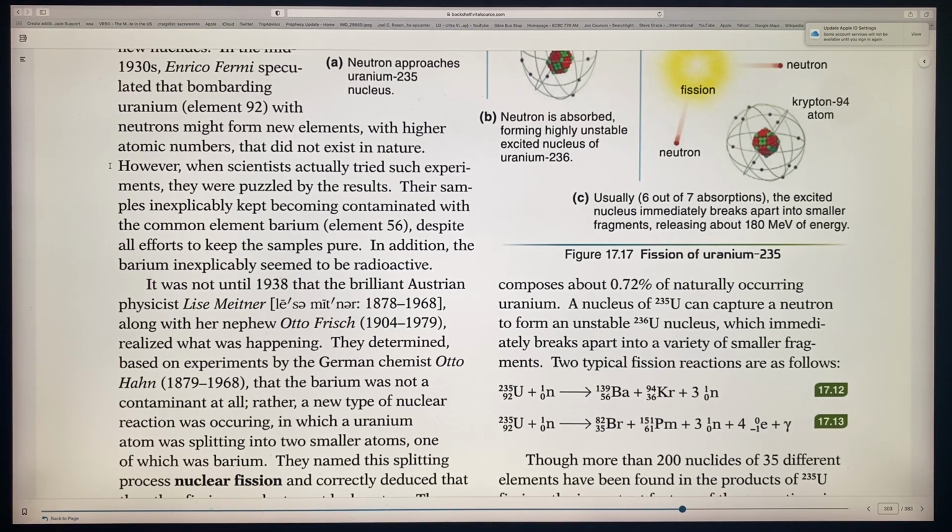element. It was not until 1938 that a brilliant physicist by the name of Lise Meitner, who lived 1878 to 1968, along with her nephew, Otto Frisch, realized what was happening. Basing their work on the experiments of the German chemist Otto Hahn, they determined that barium was not a contaminant at all.